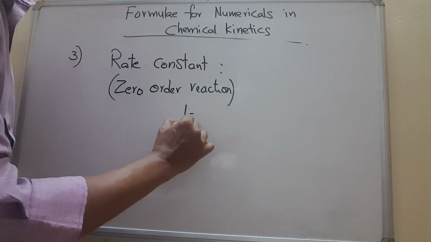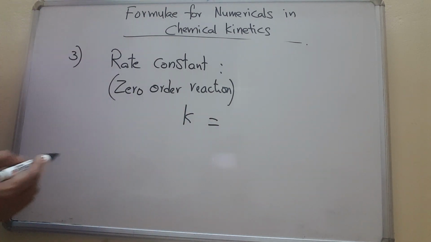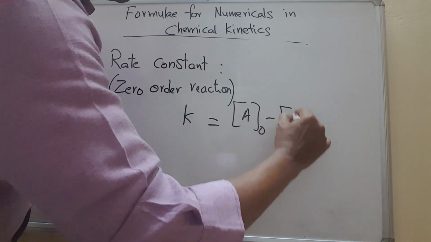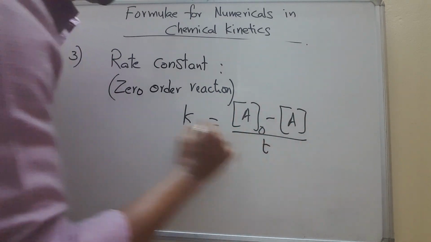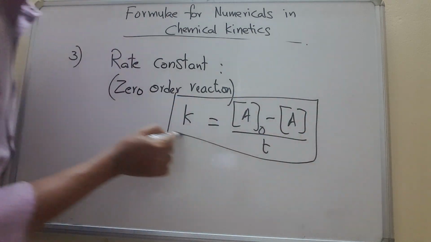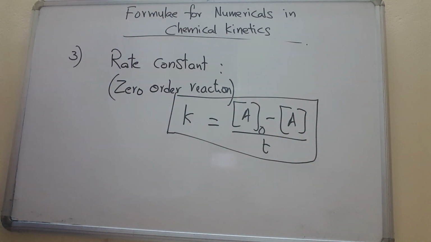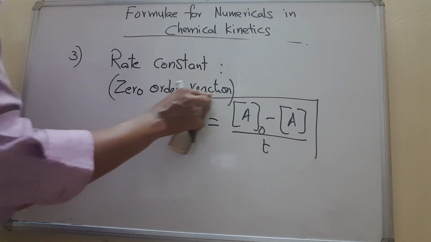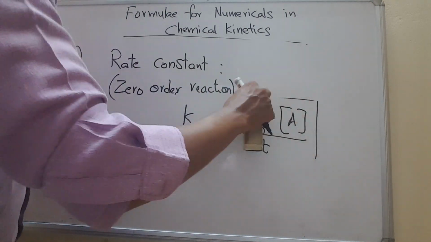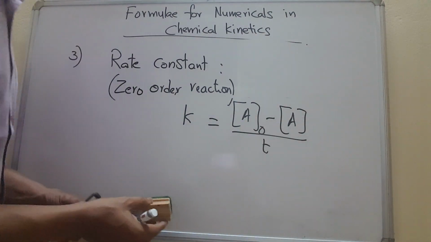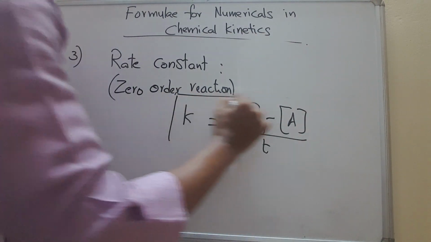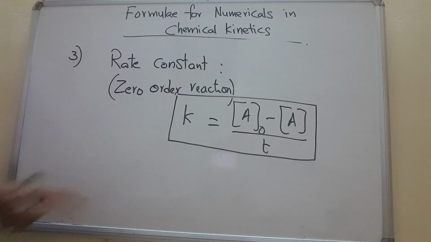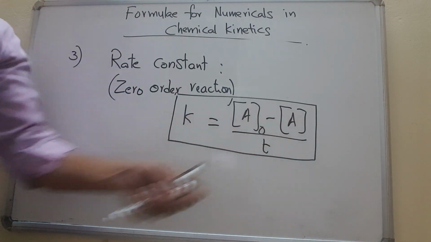The rate constant for a zero order reaction is k is equal to (A naught minus A) by t. It is the formula to calculate the rate constant for zero order reaction.